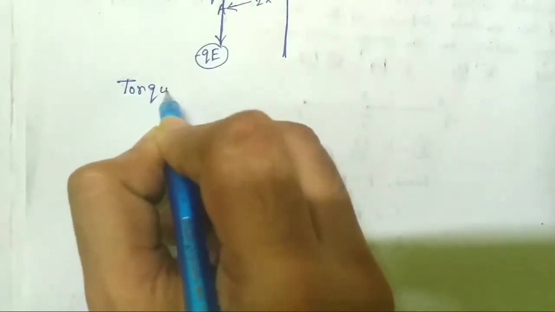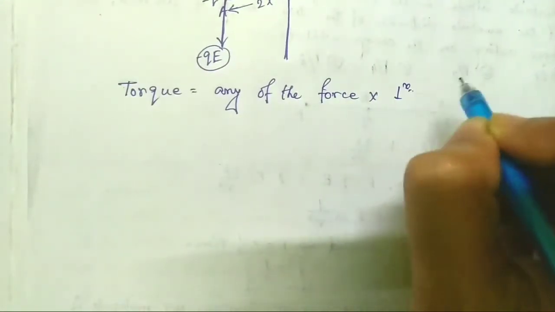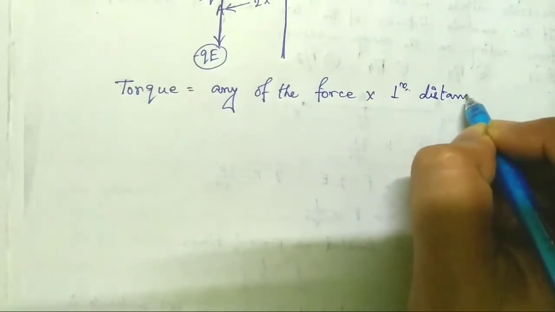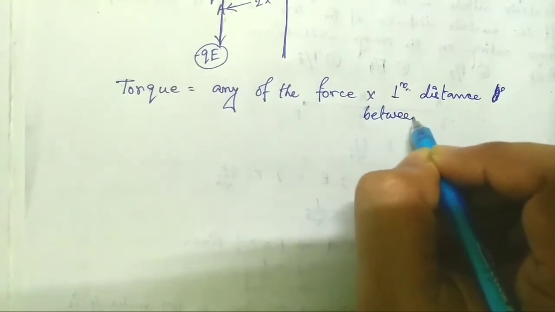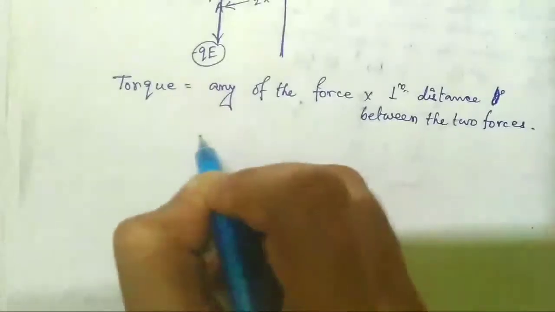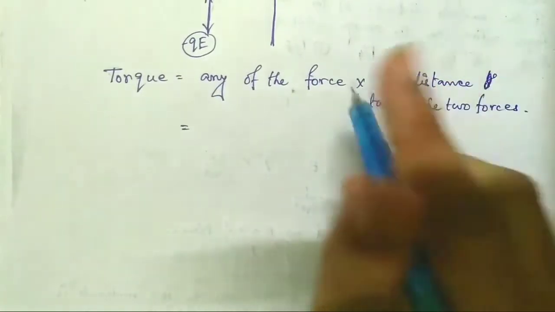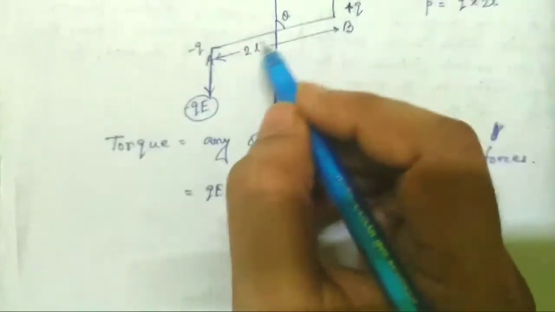Okay, now let us see the torque. Torque is equal to any of the force into the perpendicular distance between the two forces. Any of the force means the magnitude of the force, that is Q into E, and the perpendicular distance between the two forces. This is not the perpendicular distance.